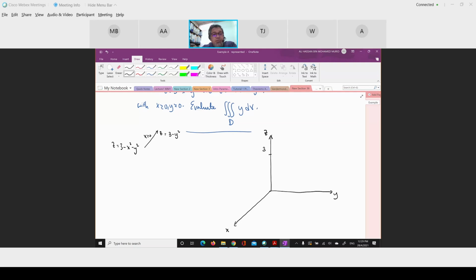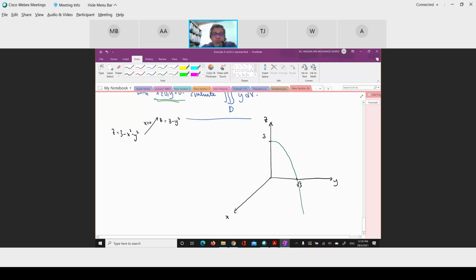When z is 0, y is plus or minus square root of 3, right? So this is the paraboloid. We want the case where x is greater than 0. Here we are also given this condition, so let's just consider the right arm, for x greater than 0, y greater than 0.